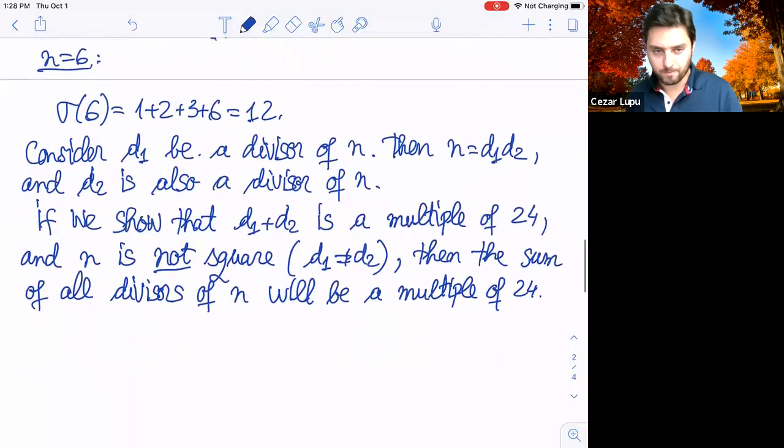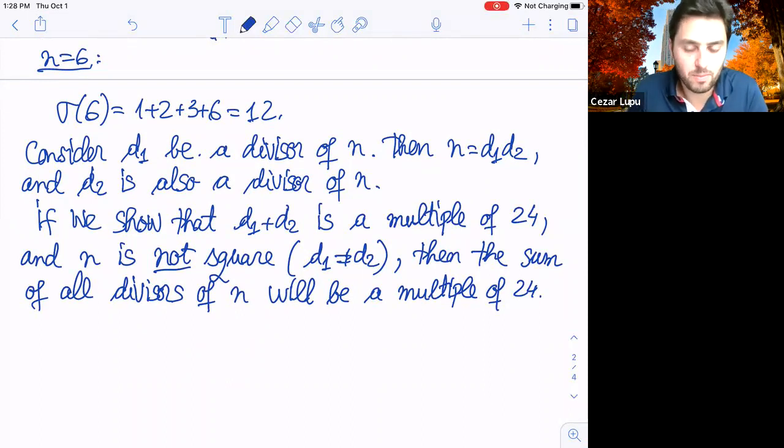Do you agree with me on this one? So if the sum of two divisors is a multiple of 24 and they're distinct, then the sum of all divisors of n will be a multiple of 24.